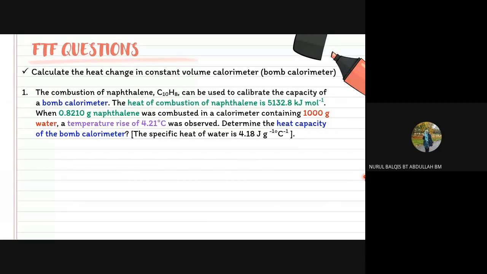And then the heat of combustion of naphthalene is 5132.8 kilojoule per mole. So this time the question didn't want the heat of combustion. They have already given the heat of combustion. Following our previous steps, we found the heat of combustion at the start or the end?